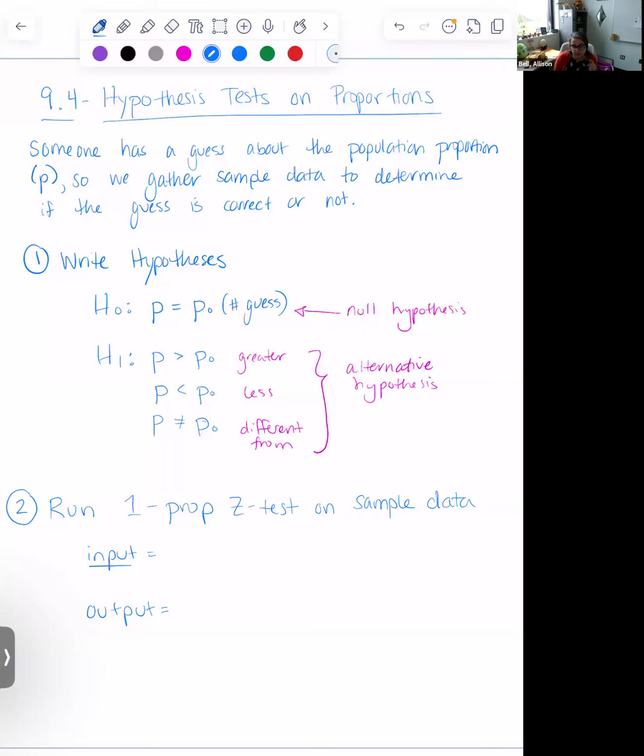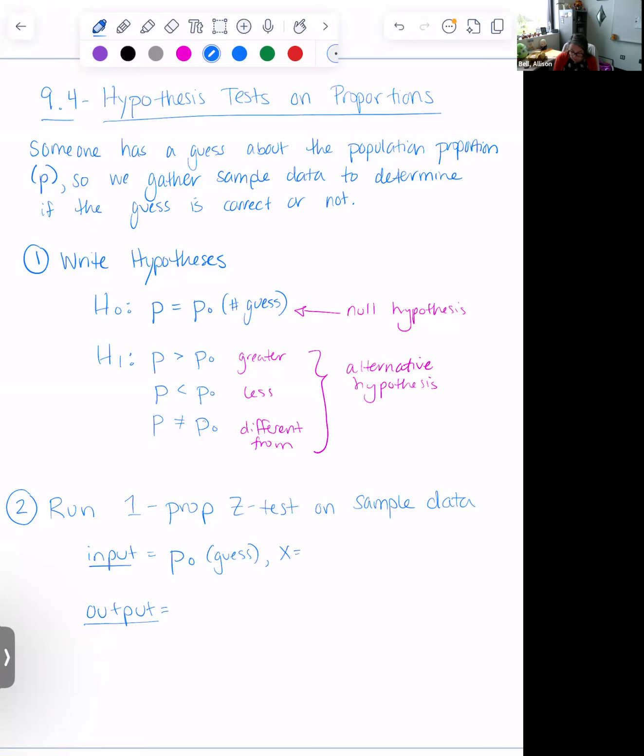So when we run a one prop z-test on the sample data, our input has to include the guess. The very first thing that we have to put in is the guess.